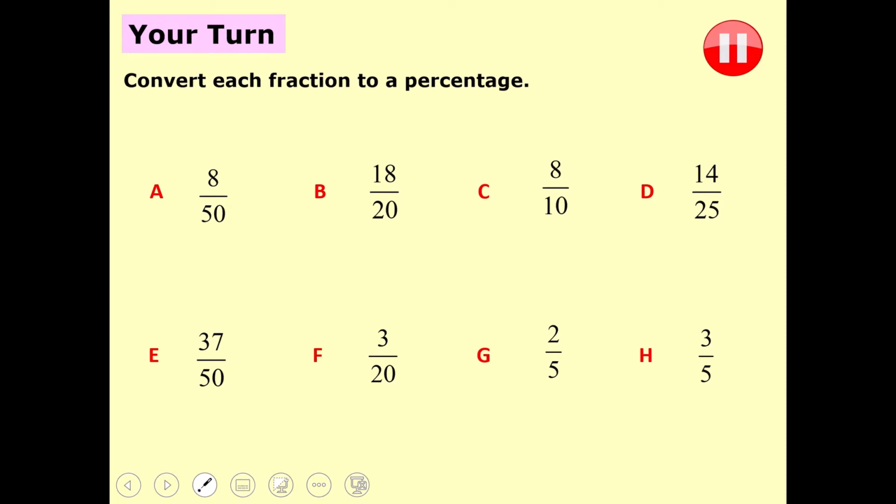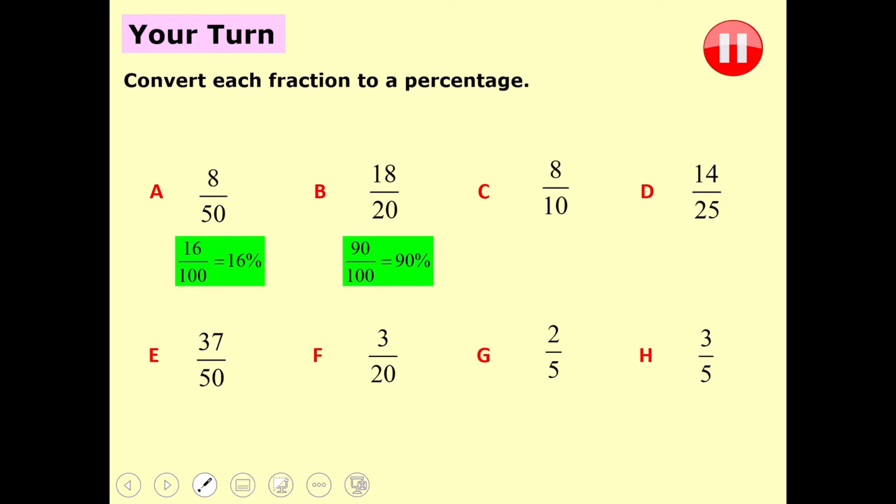Okay, hopefully you've unpaused and we'll go through the answers. So first one, 8 over 50, times top and bottom by 2 to get 16 over 100, which gives us 16%. Next one, 18 over 20, we need to times top and bottom by 5 to give us 90 over 100, to give us 90%.